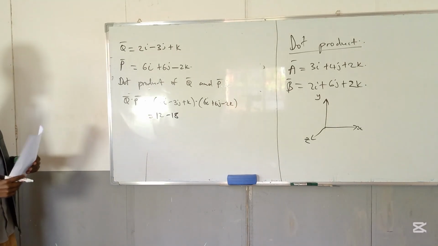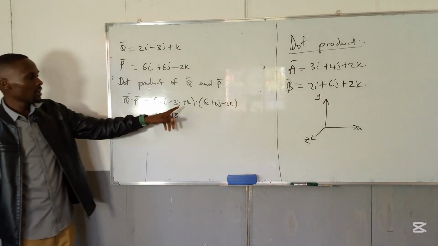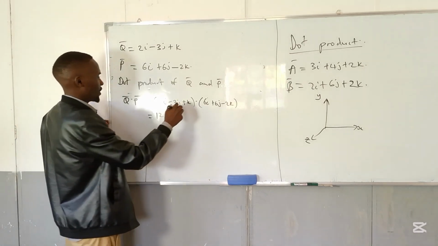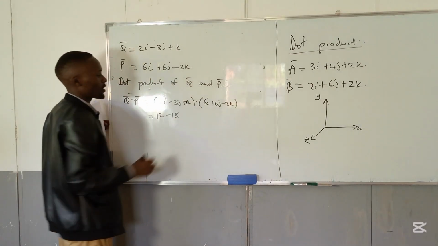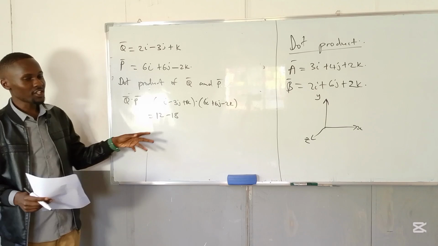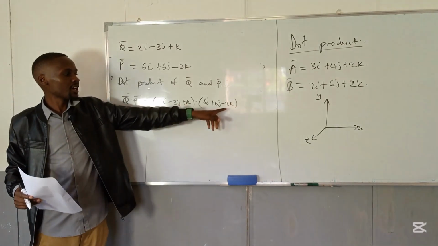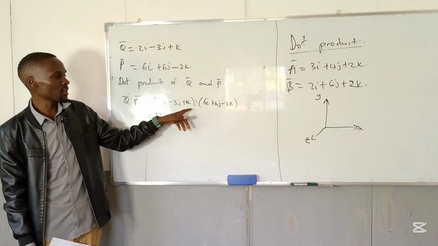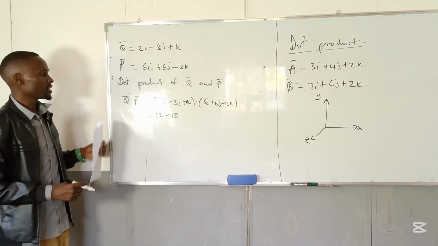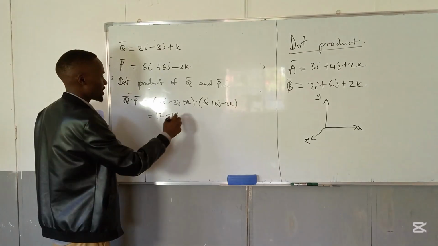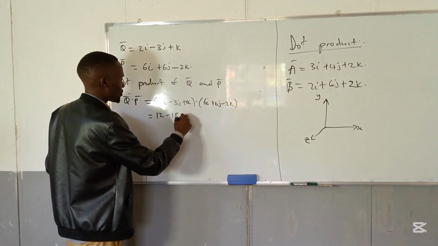Okay? Then here we are having only k. That means now we have some hidden 1 here. k is the same as 1k. So now it will be 1k times negative 2k. That means this is now 1 times negative 2, which will give us a negative 2.